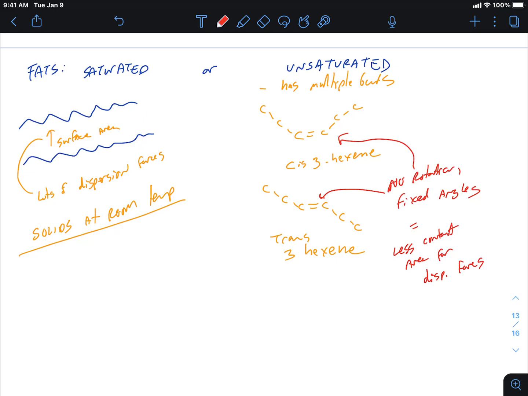So, if there's less contact, less surface area for dispersion forces, you don't have as many dispersion forces that are effective. You don't have as many intermolecular attractions. So instead of a solid, these are liquids, because they're not able to make as many effective dispersion forces as a saturated fat.